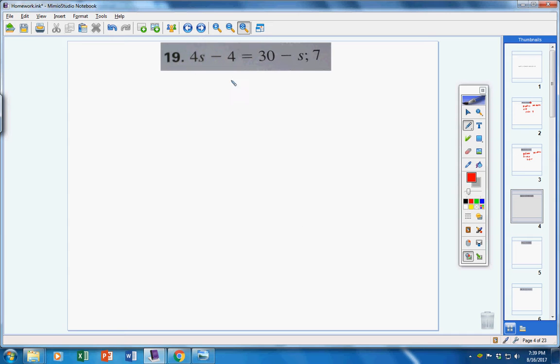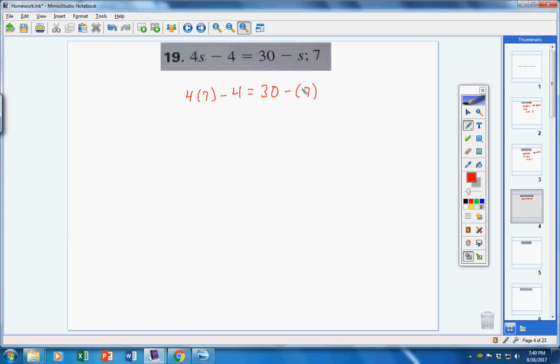Number 19. Okay, we're going to put 7 in for s. So I have 4, then parentheses, then minus 4 equals, and then 30 minus 7.